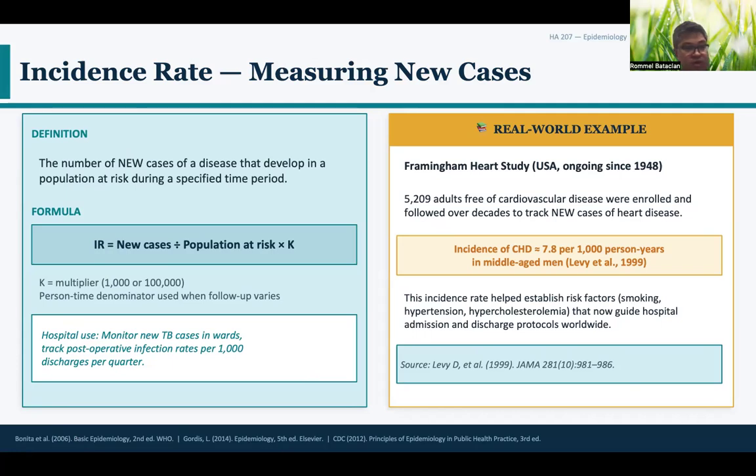We use K because raw proportions like 0.004 are very hard to communicate. But it's much easier if we would, for example, say 4 cases per 1,000 people.